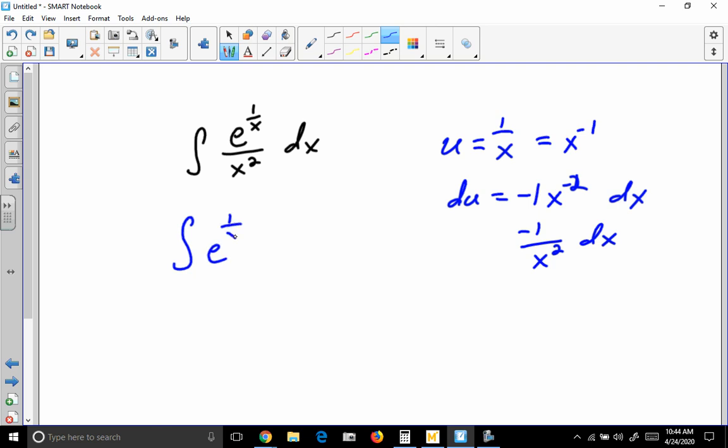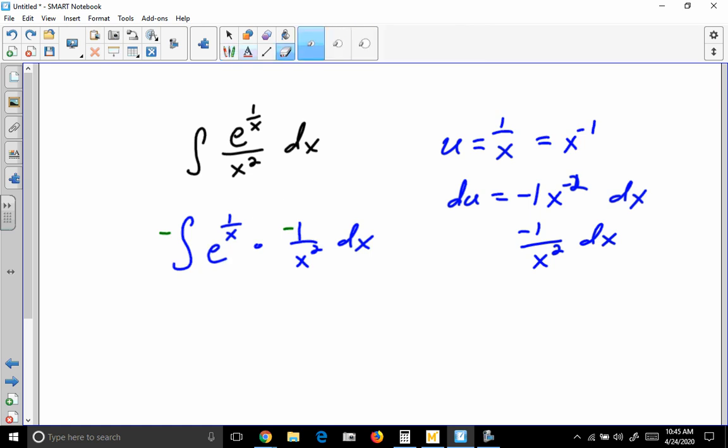We could call it e to the 1 over x times 1 over x squared dx. If we think about this being a fraction, on top we have e times 1, which is e. On bottom, 1 times x squared, which is x squared on bottom, and then we have a dx. We need a negative 1, so we can put a negative there and negative there. Multiplying two negatives makes a positive.